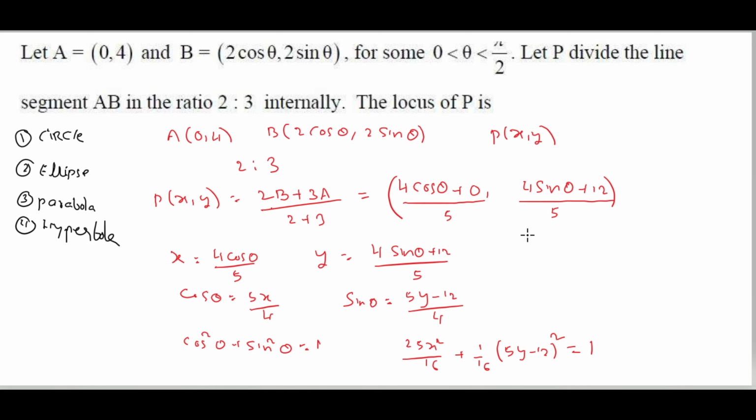From this relation, that is 25 x square plus 25y square minus 120y plus 144 is equal to 16. This equation represents, here the coefficients of x square and y square are equal. So this equation represents a circle. Here first option is correct answer.